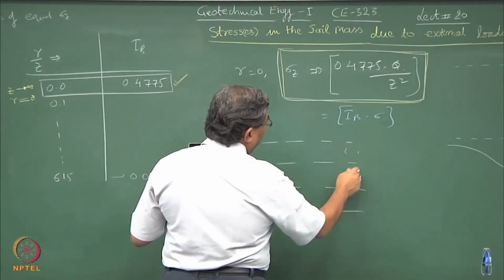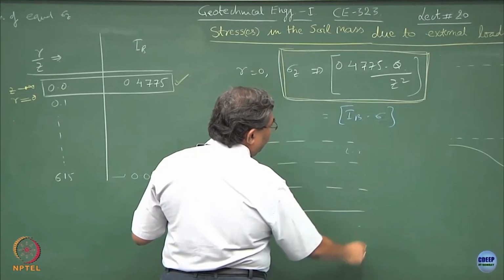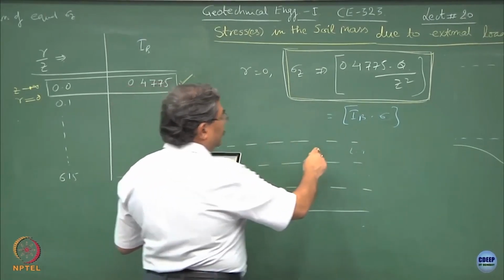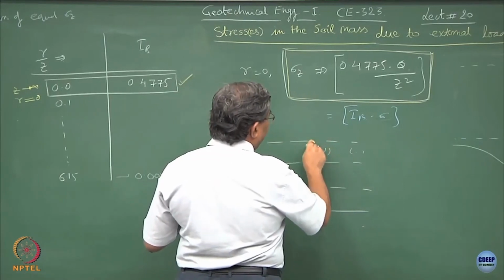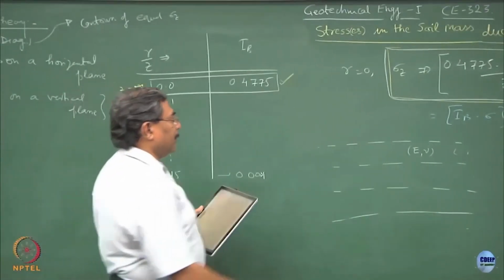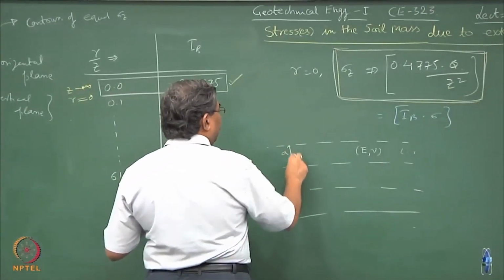This is layer number 1, layer number 2, layer number 3, layer number 4. We play with the stiffness of the material. So, stiffness of the material is defined by epsilon and Poisson's ratio and elastic modulus, and the thickness.